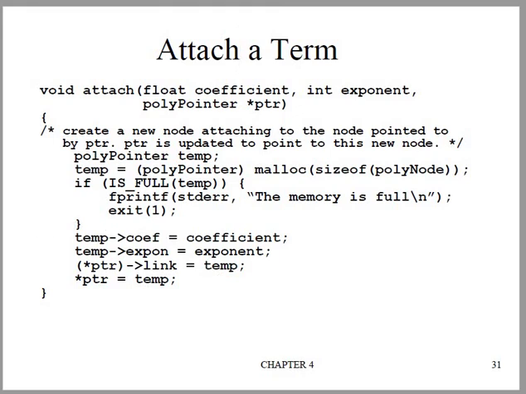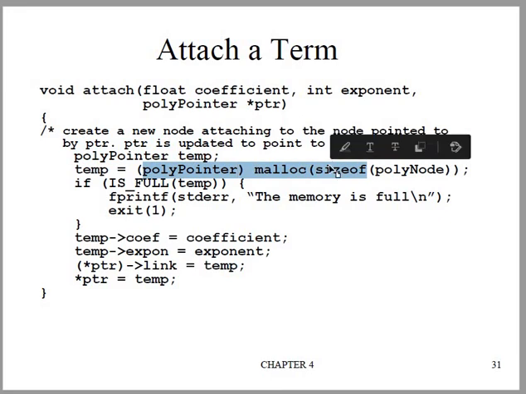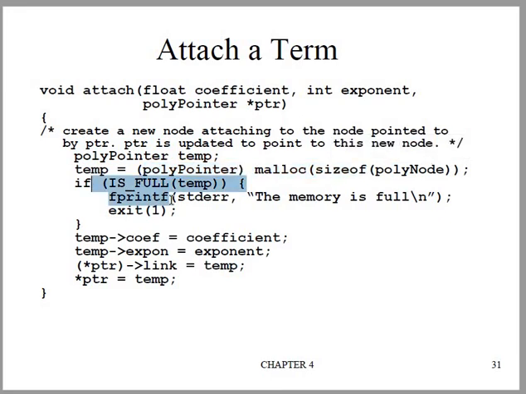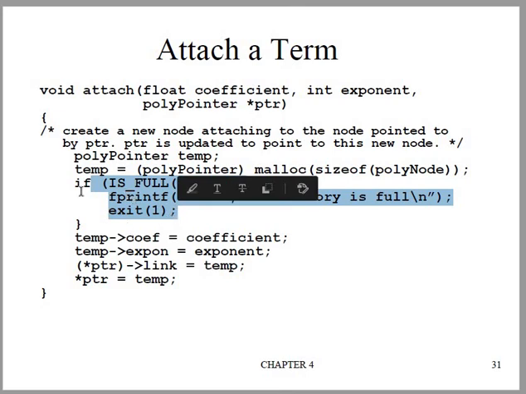Now let's see the code for attaching a polynomial term to the destination polynomial. We'll pass the coefficient, exponent and the polynomial pointer. Here we have to create a temporary node and allocate the memory space for that polynomial node. If memory is full, we have to tell the user memory is full. That's what is happening in this statement.